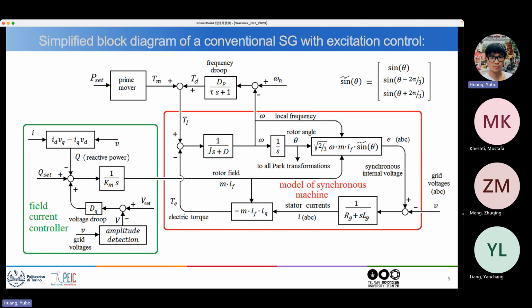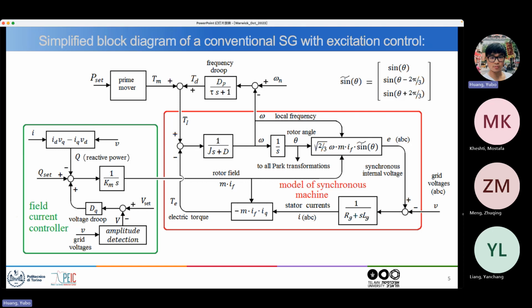Okay, here in the frequency loop, what do you have? The prime mover produces a nominal mechanical torque, and in addition it produces this loop torque from the governor, which looks at the difference between the nominal frequency of the machine and the actual frequency of the machine here. And this difference, you would like to just multiply with a droop constant, which is Dp.